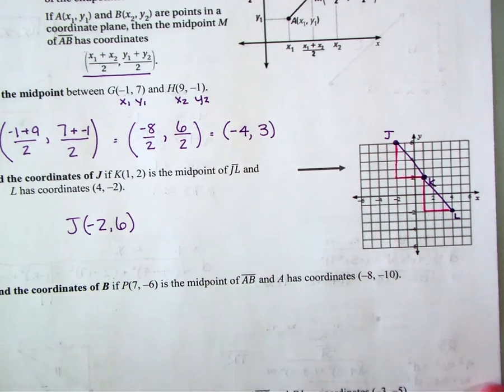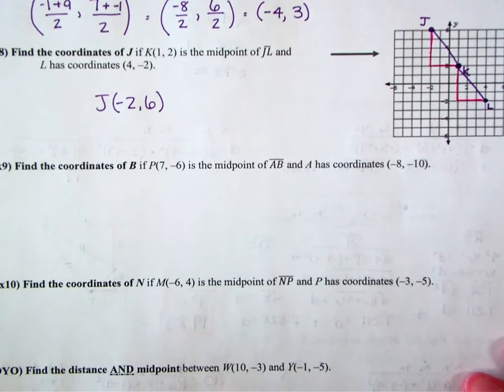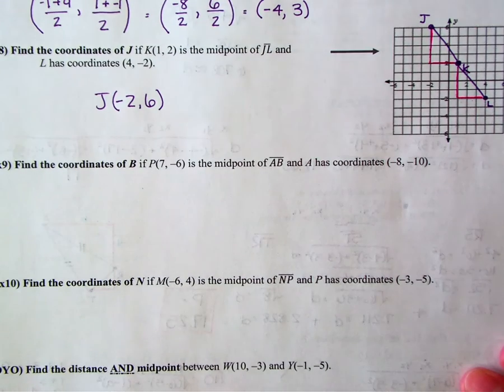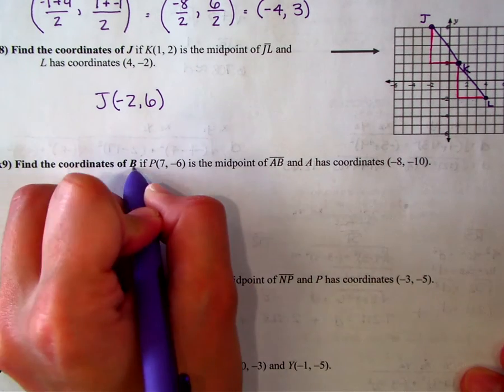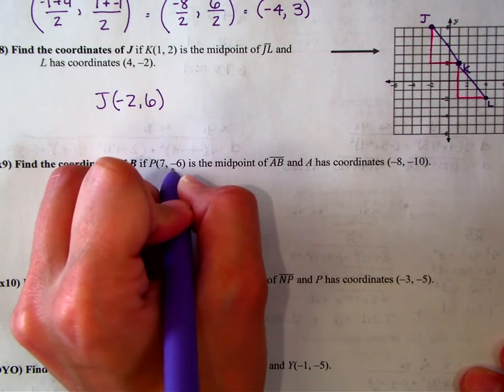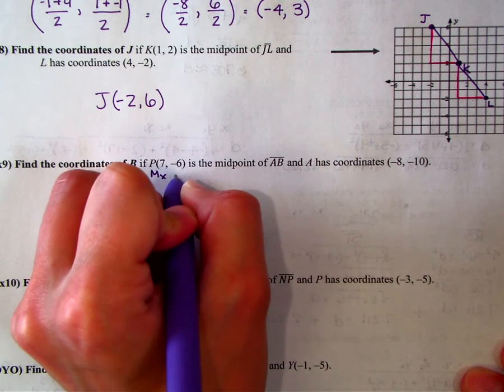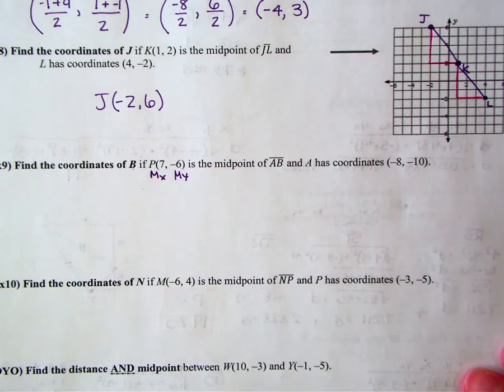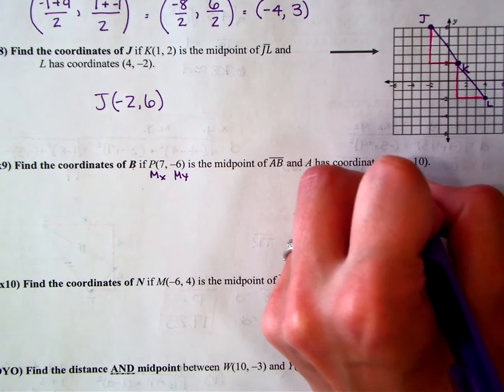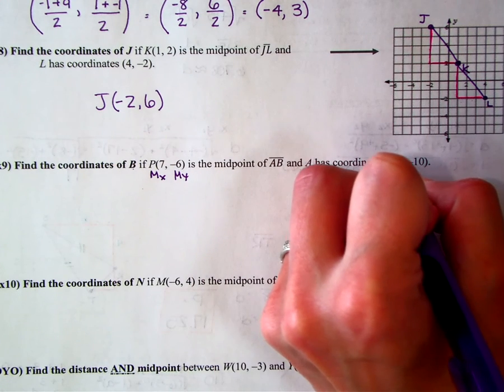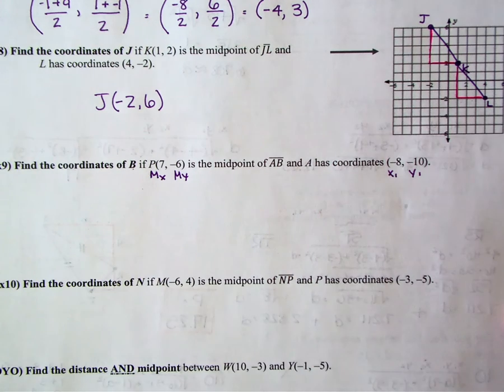So example 9, if we don't have a grid, we can't use the Pythagorean theorem, so we have to solve it algebraically. Find the coordinates of B if P is 7, -6, and it's the midpoint. So it's my midpoint X, my midpoint Y. And A has the coordinates -8, -10. We'll say that's my X1, Y1. We are missing the X2 and Y2. So we'll break our midpoint formula apart.